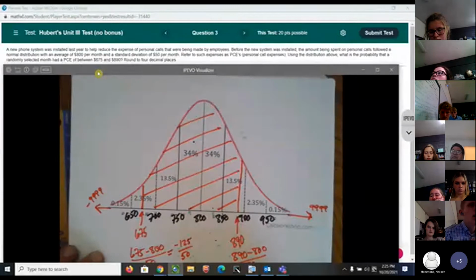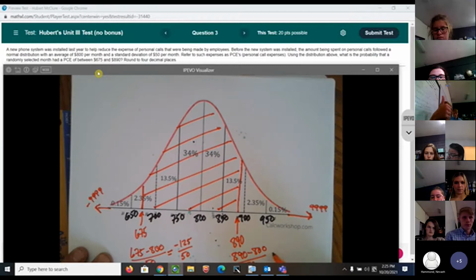What is 125 divided by 50? Should be, considering that there's, yeah, that'd be right. And over here, we got 890. That's going to be 90 over 50, which is going to be 1.8.